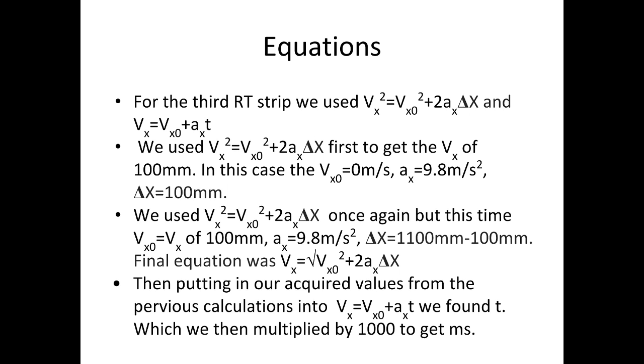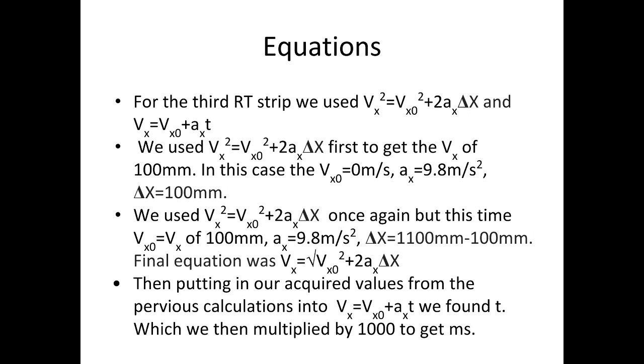We use Vx squared equaling Vx naught squared plus 2 times a sub x multiplied by delta x once again, but this time Vx naught equals V sub x of 100 millimeters, a sub x equaling 9.8 meters per second squared, and delta x equaling 1100 millimeters subtracting 100 millimeters.